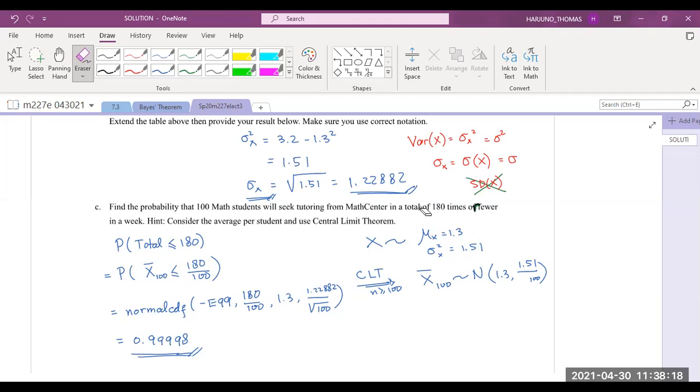Of course, we cannot be 100% sure that it will be at most 180. I mean, if you want to be 100% sure, then you need to get an infinite number of tutors. But that's not in line with the amount of budget we have, right?